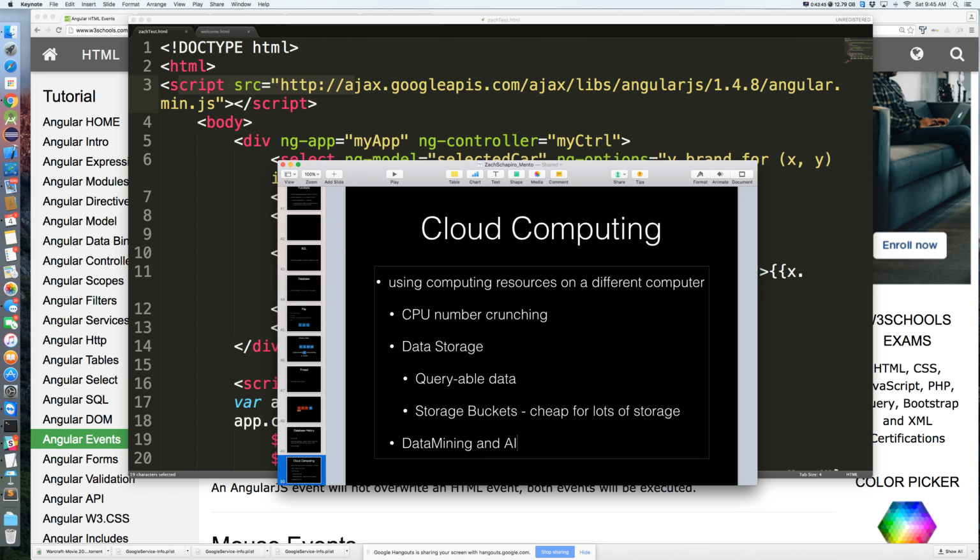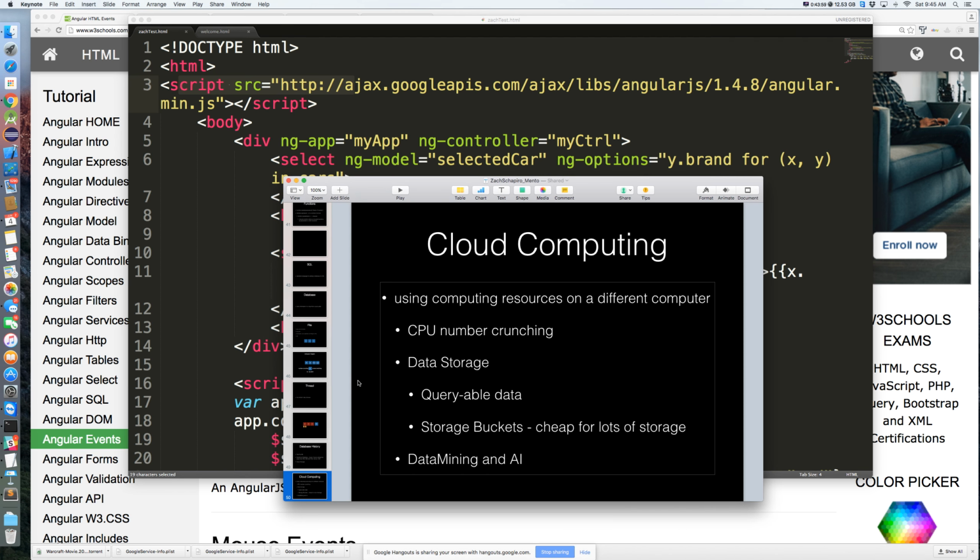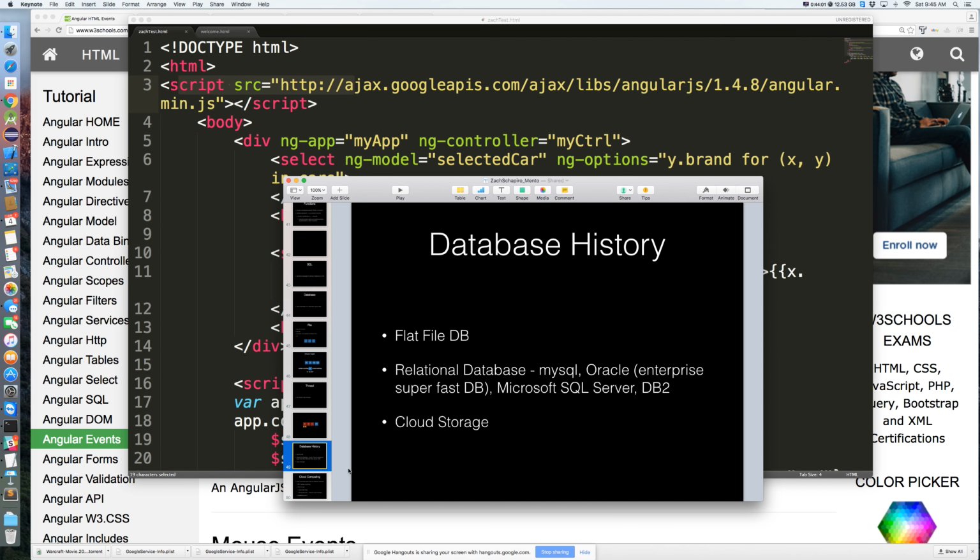You can send it an audio file that has somebody speaking, and it'll send you back text. The voice processing of it, that kind of stuff. So all sorts of different cloud computing stuff exists. So that's our modern way that we're storing stuff.